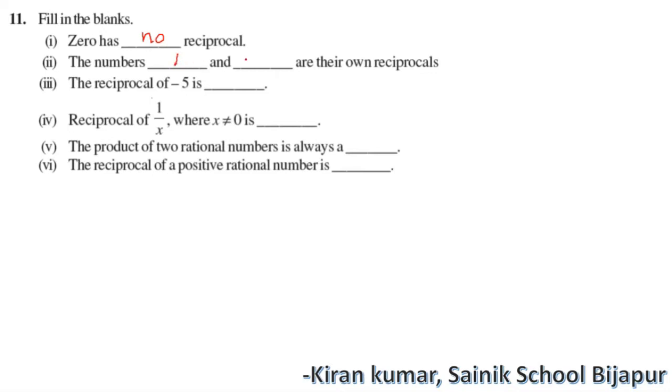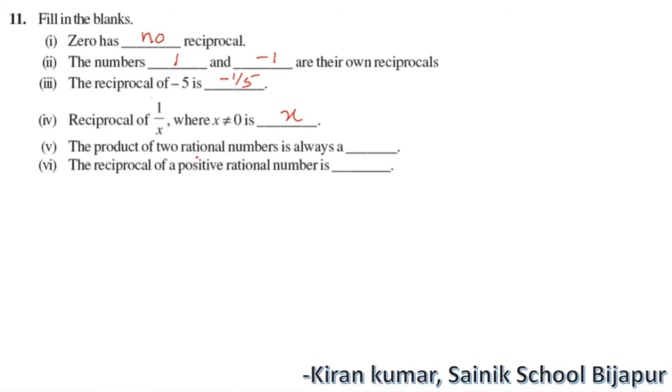The numbers 1 and minus 1 are the same as their reciprocal. The third one, the reciprocal of minus 5 is negative 1 upon 5. The reciprocal of 1 by x, where x is not equal to 0, is x.